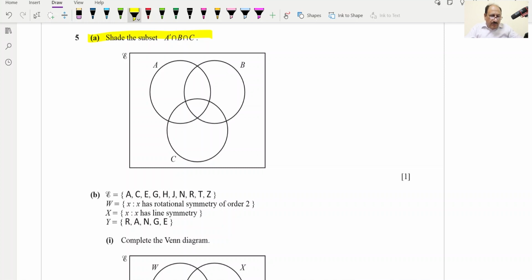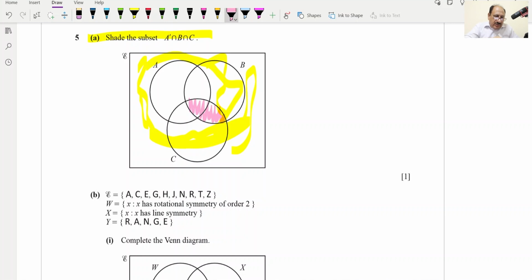So A complement is whatever is not in A. Not in A is all the outer side, excluding A. So we exclude this A. Then we have to take intersection with B intersection C. B intersection C is this one, and we have to take the intersection of these two shaded portions.